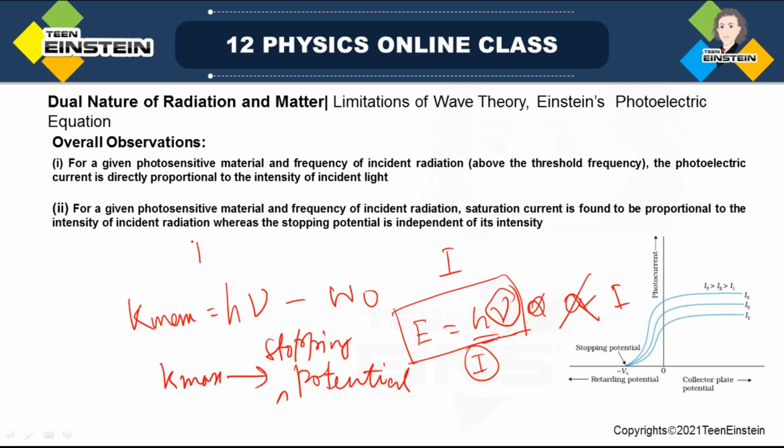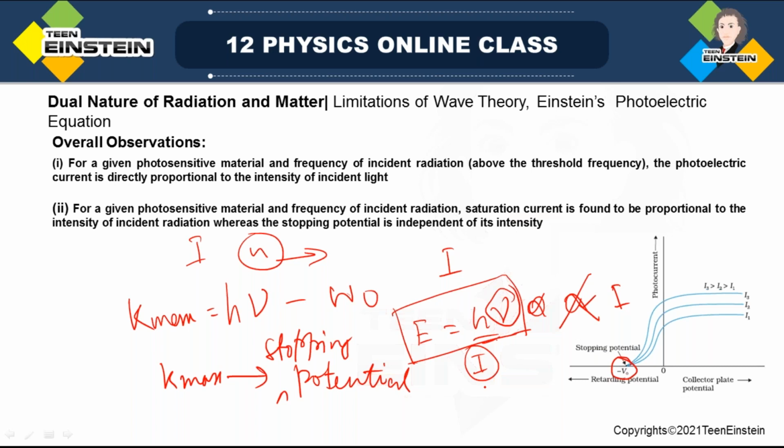If intensity increases, more photons will be emitted, so you will get more saturation current, but you will not have a different stopping potential.